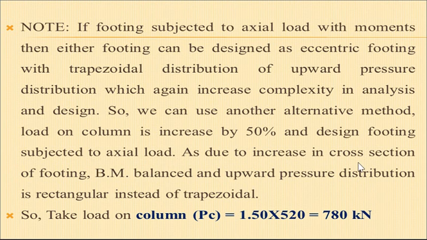Due to the increase in cross section of the footing, bending moment is balanced and the upward pressure distribution is rectangular instead of trapezoidal. So we can take the load on the column, actually it is 520. We have increased it by 50% and that's why it is 780 kilonewton. We can use this load for the design of the footing. Instead of 520, we have considered 780 kilonewton.